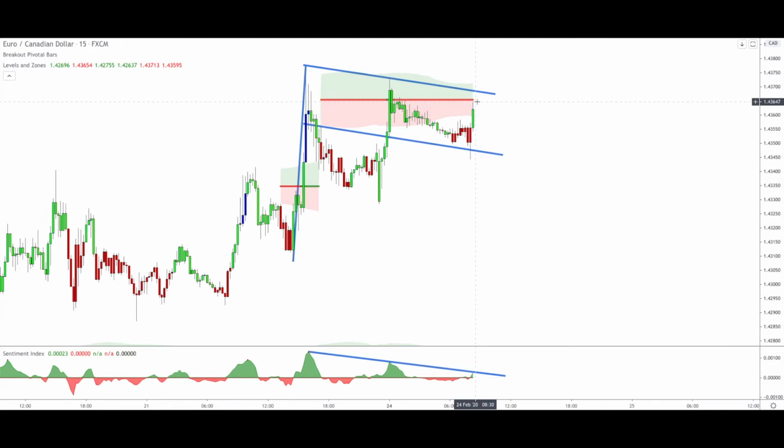And if we have a break to the upside with a green candle, and at the same time we also have a break to the upside of the sentiment index, then we have the perfect setup, considering the fact that we also have this beautiful resistance line which would turn into a support.